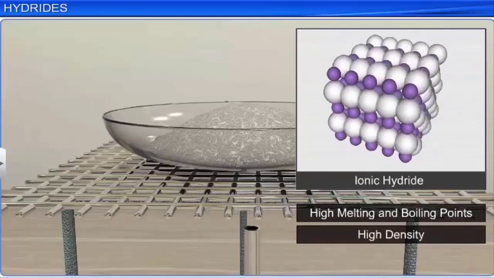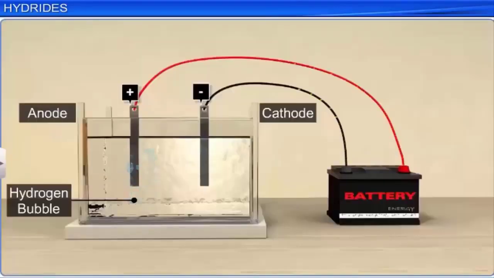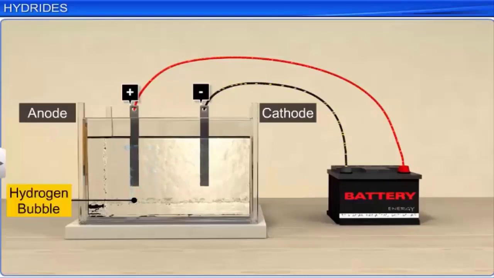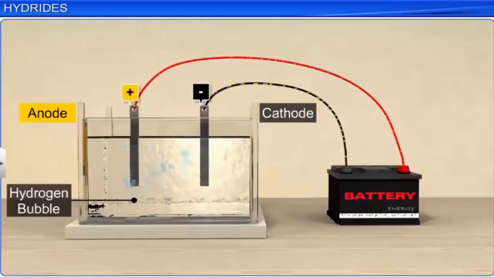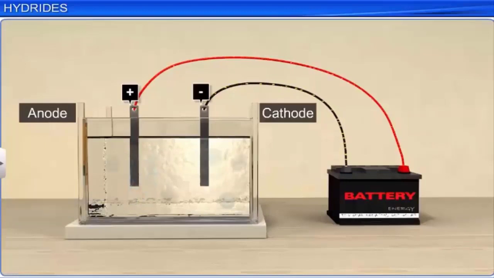In the molten state, they conduct electricity and, on electrolysis, liberate hydrogen gas at the anode, confirming the presence of negative ions of hydrogen in them. Let's study this using calcium hydride as an example.